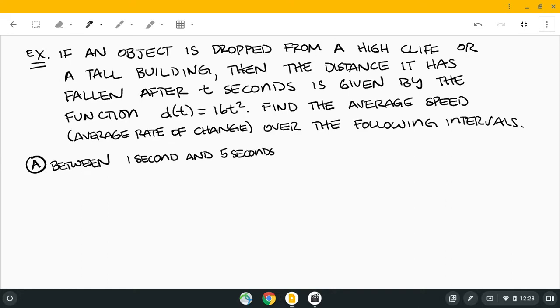Okay. So let's go ahead and find that average rate of change, average speed. So what we need to do is find f of 5 minus f of 1 all over 5 minus 1.